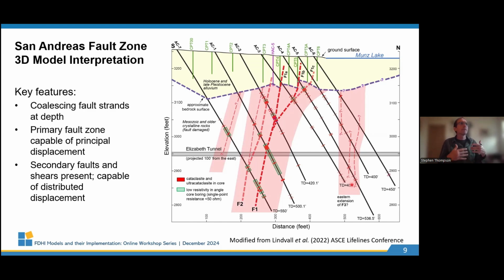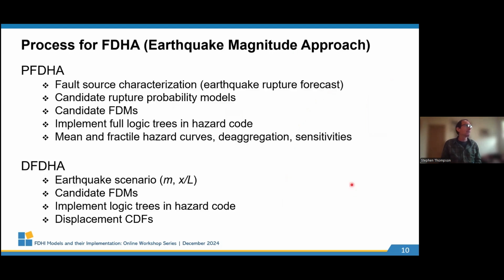We don't have any detailed paleoseismic data at the tunnel depth, obviously. So that's setting the stage for the type of information we can commonly get for these types of projects. Other site-specific projects don't nearly have the extent of that type of data, or the data may be much more ambiguous than they were for this particular project. So you get what you get, and you make the best of it.